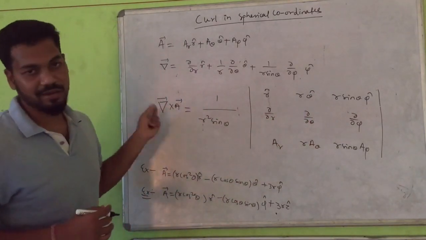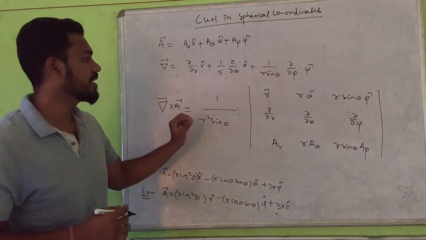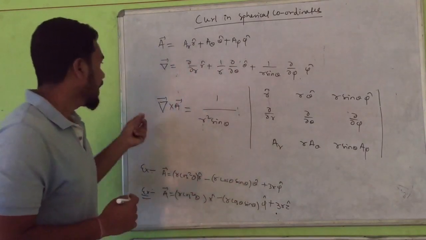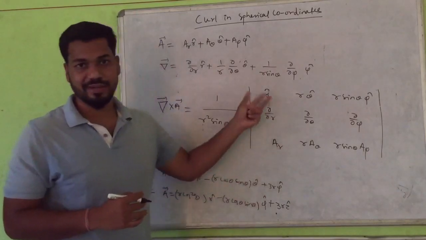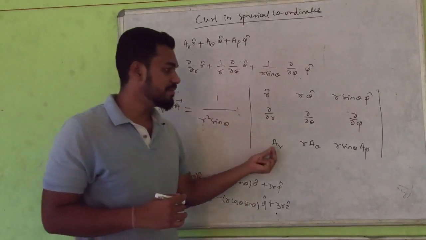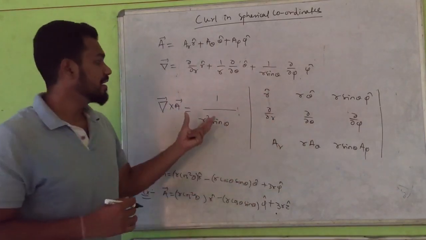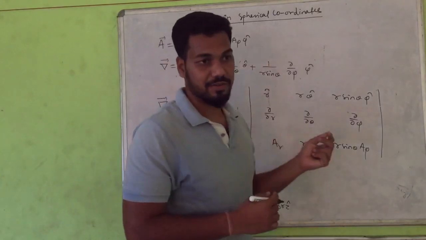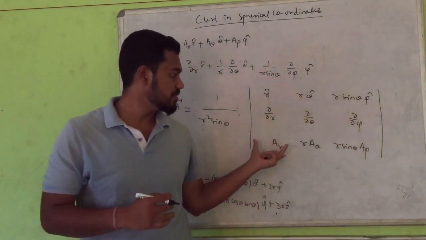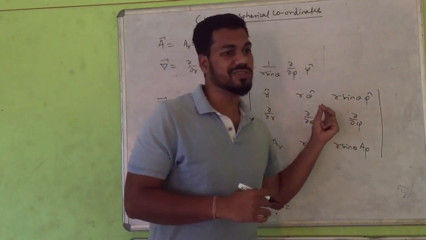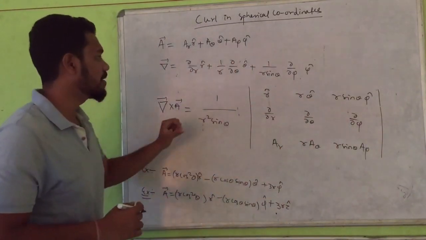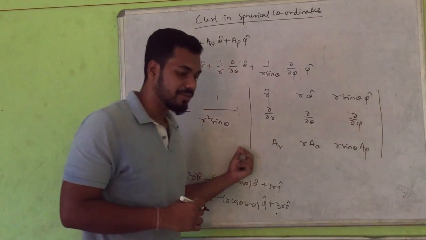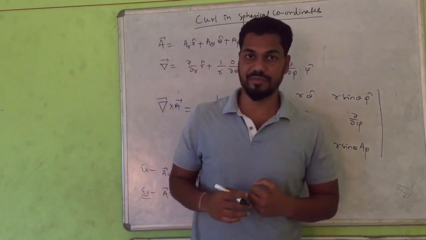Let's solve an example to better understand the concept, and to remember the formula you have to practice 5 to 10 problems based on it, so that you can remember this formula forever and apply it in electrodynamics later.